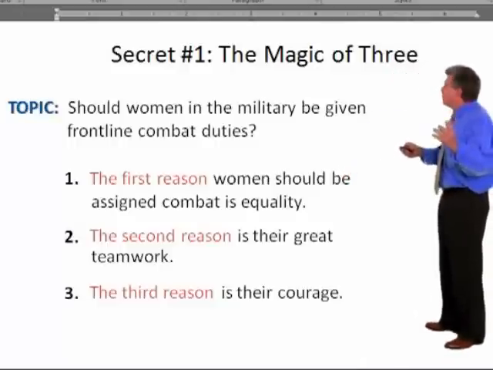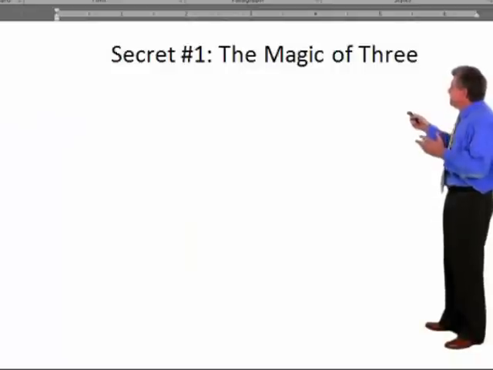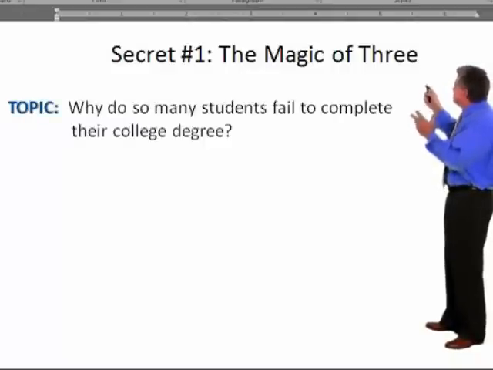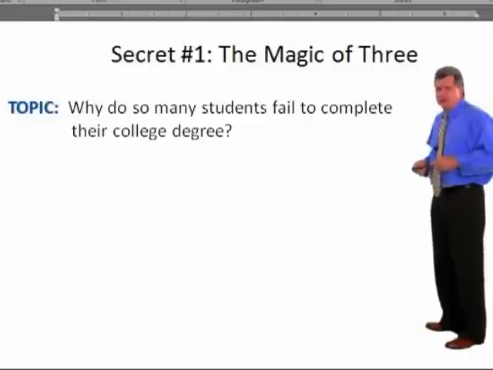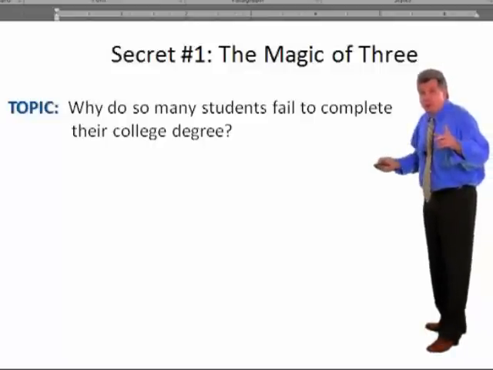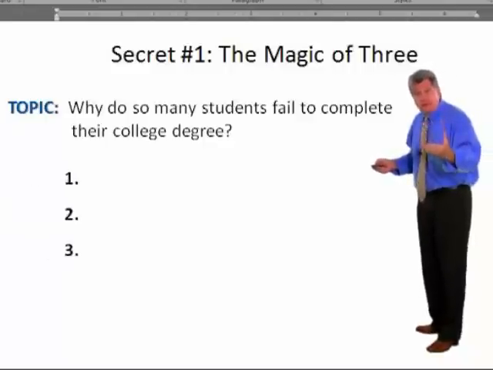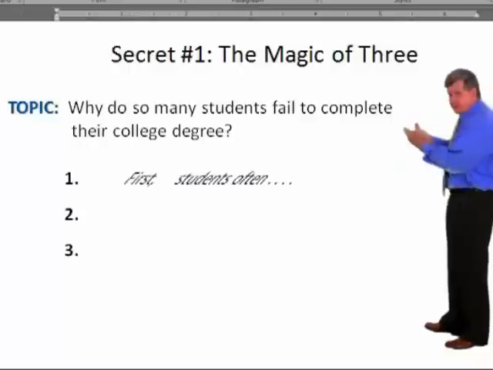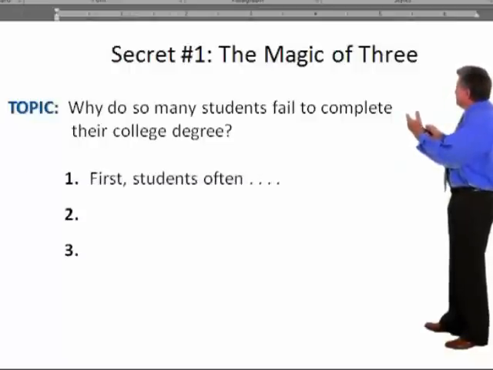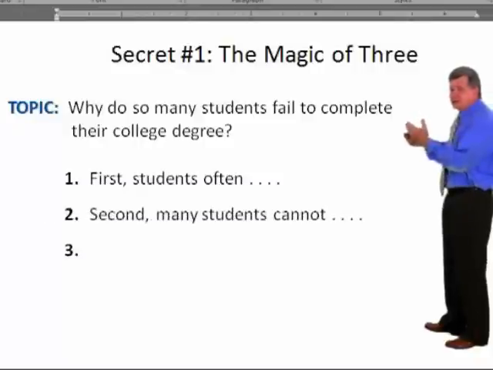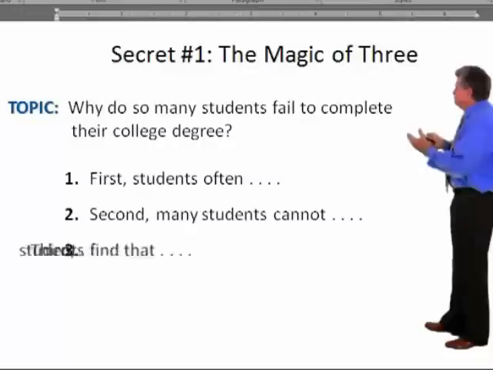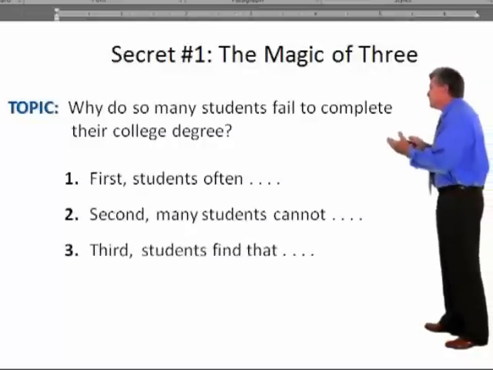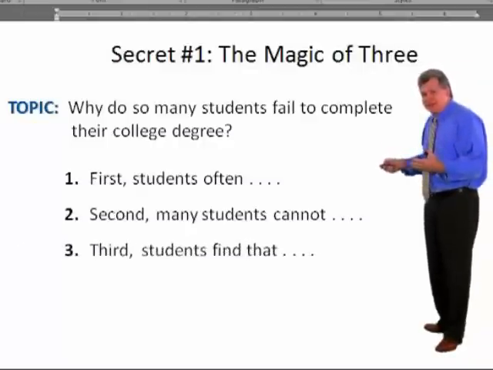Okay, let's take one more topic, an academic topic. Why do so many students fail to complete their college degree? What are you going to do? Boom. 1, 2, 3. And you're going to use that formula. That's something like, well, first, students often. Second, many students cannot. Third, students find that, you see what I'm saying?